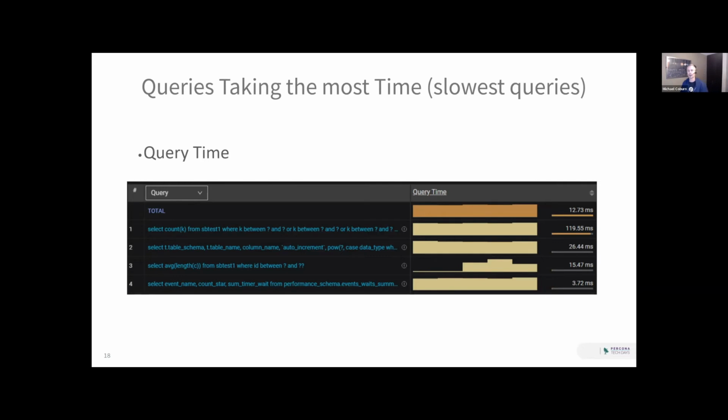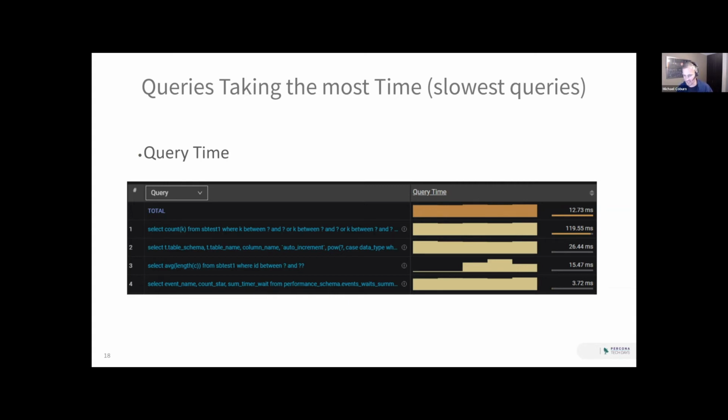So we talked earlier in the red method, we were looking at latency. We wanted to find out which queries are taking the most amount of time. Well, what you can do in PMM, I'll get into the demo and show you how to actually do this, but you can set your fields to anything you want. One of those will be query time. And we can then get what's called a sparkline view, which is underneath the query time, which shows you how those values are changing.